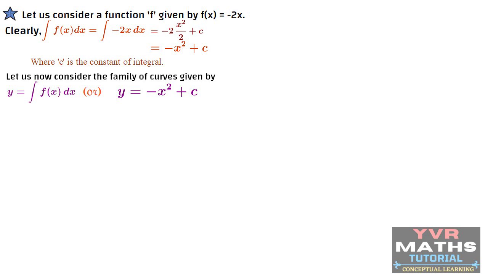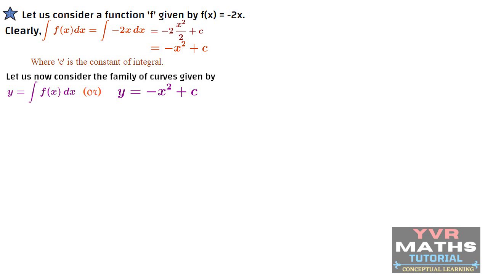Here clearly, y is equal to minus x square plus c represents a family of parabolas having its axis along y-axis. This concept you already learned in class 11th from the conic section part. By assigning different values of c, we obtain different members of the family.